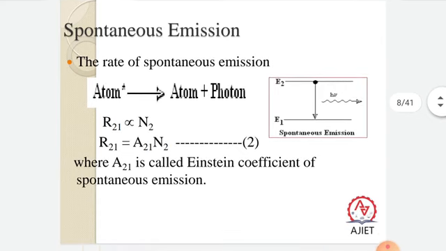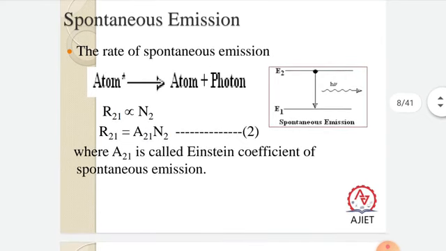Next, spontaneous emission. So what happens? The atom absorbed energy from the lower energy state and got excited to the higher energy state. Spontaneous emission is the emission of a photon when an atom transits, or de-excites, from the higher energy state to the lower energy state without the aid of any external agency. In the earlier case, the atom absorbed the energy and got excited to the higher energy state.